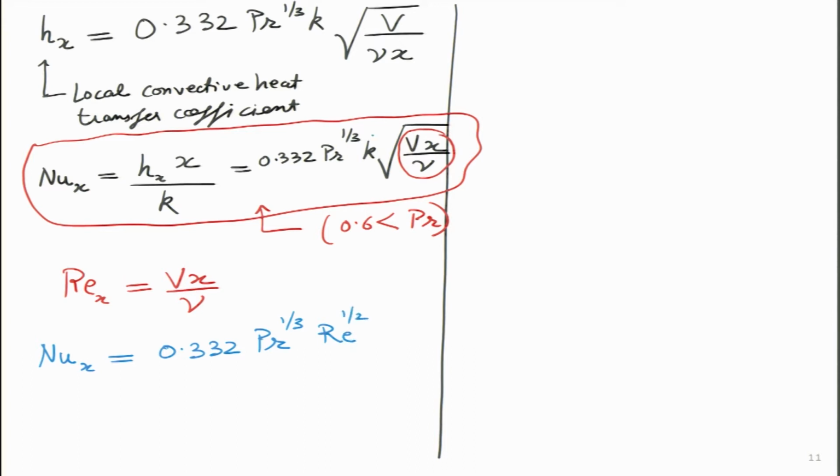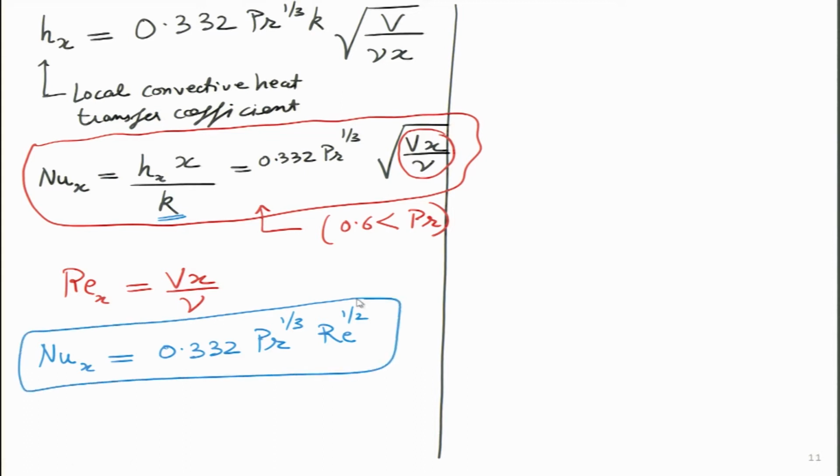And I think I made a small mistake over here. There should be no k here because we are dividing by k. So let me go ahead and erase this k. That is why we get a non-dimensionalized equation like this, and this is known as the local Nusselt number.